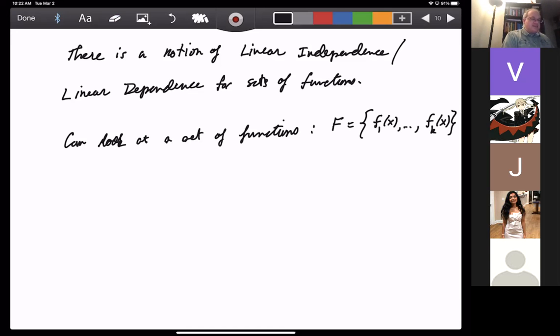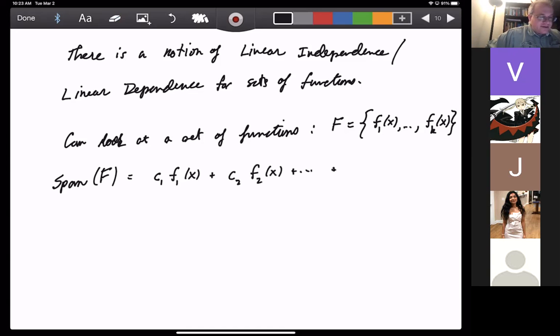So let's say capital F is a set of functions, lowercase f1 of x, lowercase f2 of x, up to lowercase fk of x. The span of F is equal to the set of all things you can build as linear combinations of that set of functions. So now I'm using c1, c2, up to ck as my coefficients.